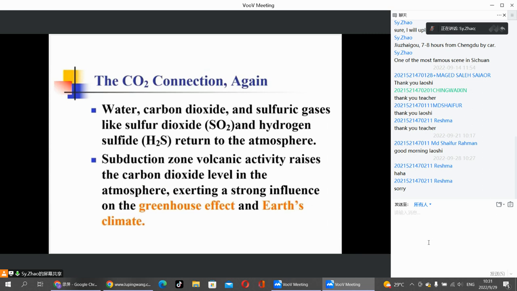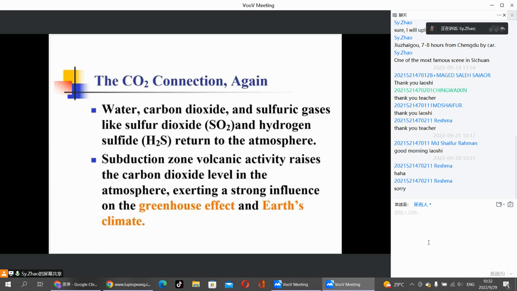And the carbon dioxide is connected with this again: water, carbon dioxide, and sulfurous gases like sulfur dioxide and hydrogen sulfide return to the atmosphere. Subduction zone volcanic activity raises the carbon dioxide level in the atmosphere, exerting a strong influence on the greenhouse effect and Earth's climate.